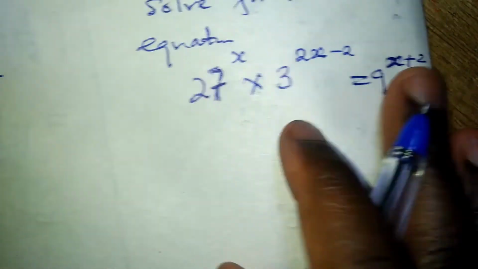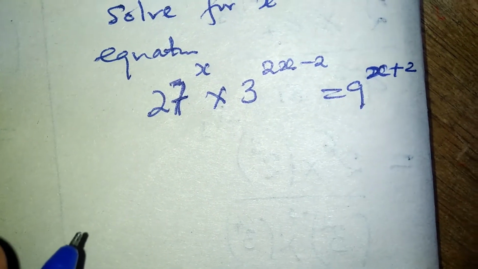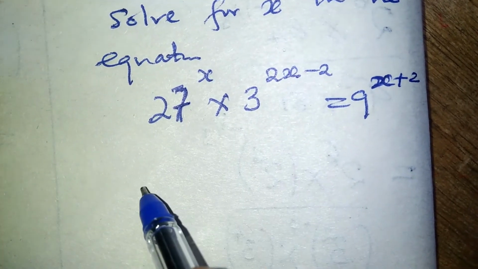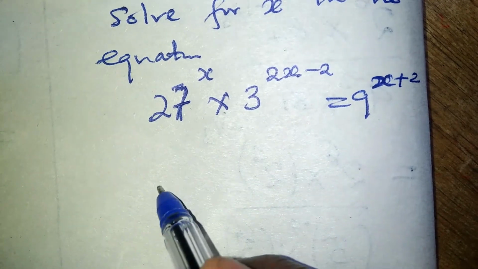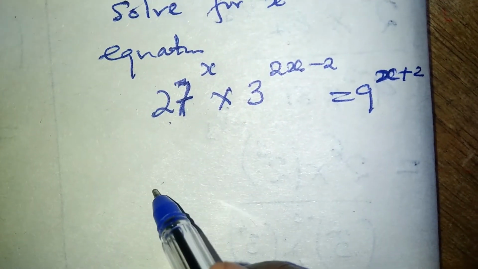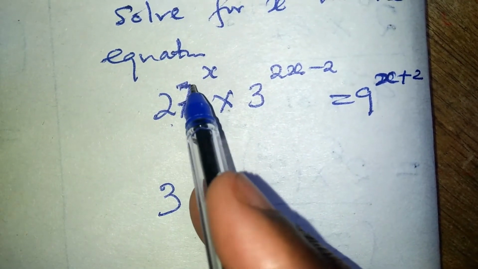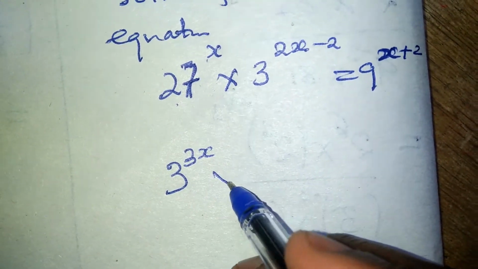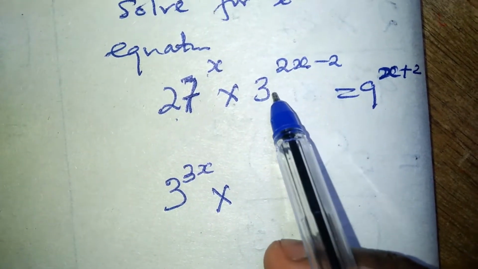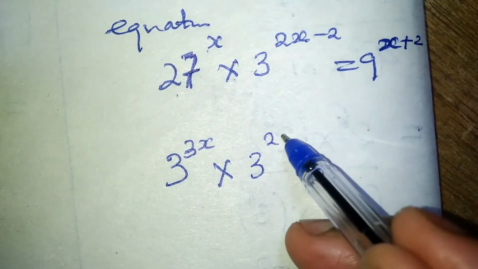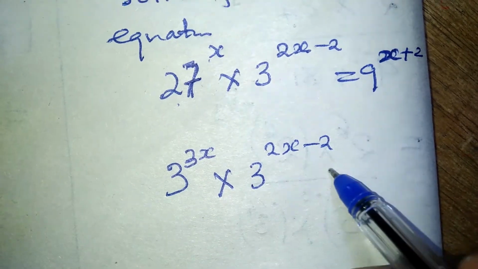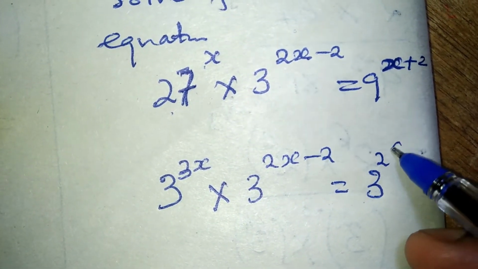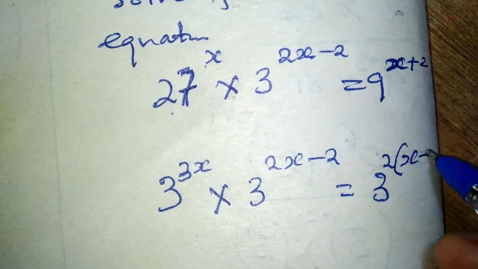Now in this one you need to write all of them to a common base, and we end up with 27 as 3 raised to 3, and there is x here, so we end up with 3 raised to 3x. We multiply that by 3 raised to 2x minus 2, and we equate to 3 raised to 2, that is what 9 is, into bracket x plus 2.